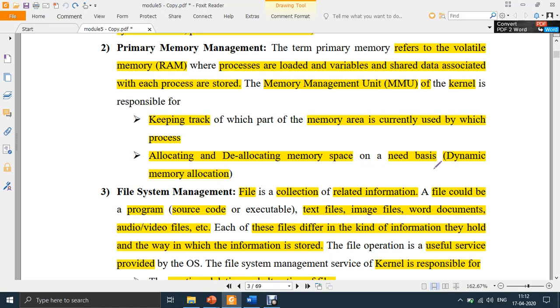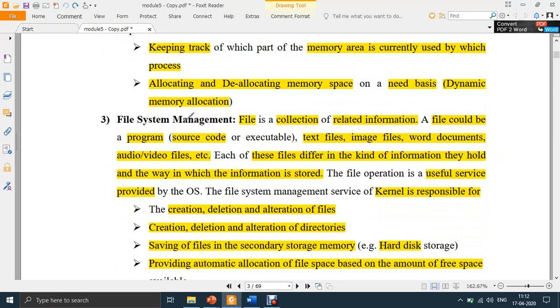That is what is static, and that allocation is done before the program starts executing. But in dynamic memory, whenever you start an application, that in turn will start a process. Whenever that process demands memory, the memory will be allocated to it on need basis. So that is what is dynamic. During the execution, memory allocation is done. That is what is known as dynamic.